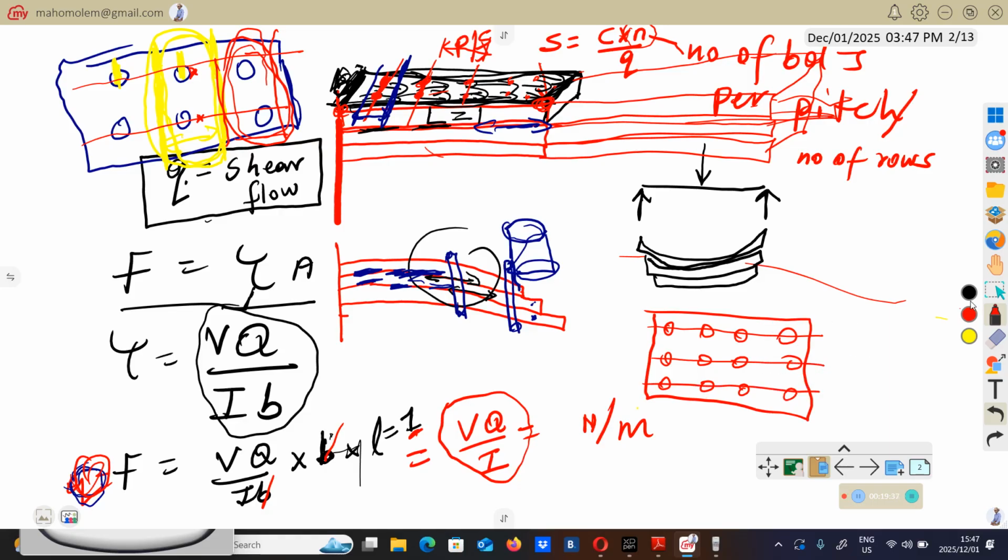But at the same time, if you consider this pitch starting from here to there, how many bolts are you having? You have 1, 2, 3. So if you have something like this, N will be equal to 3.